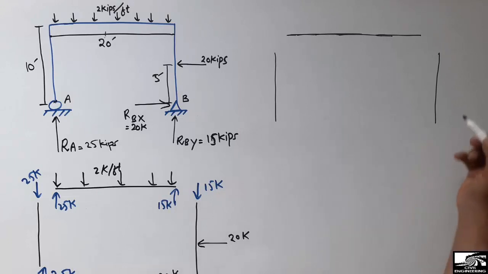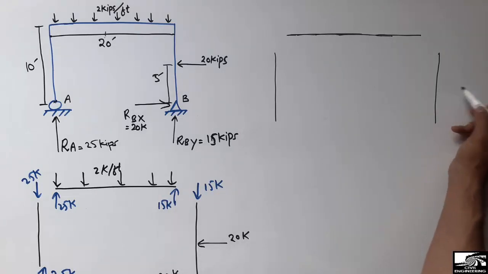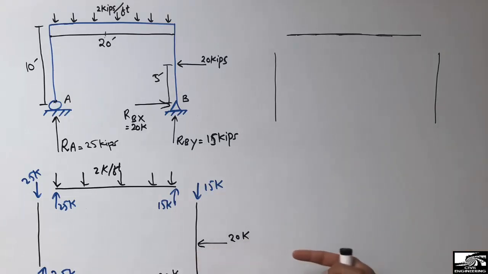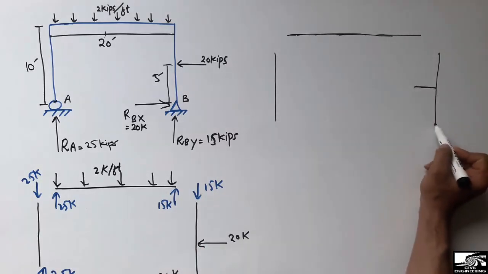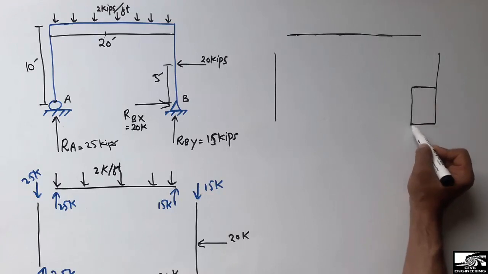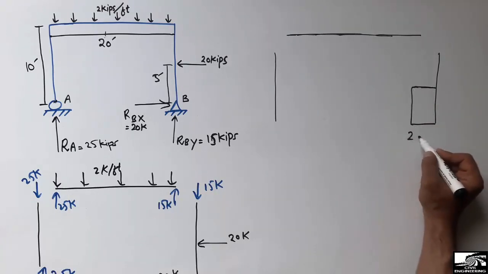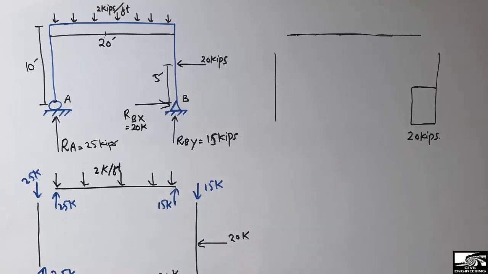Now the 20 kips force is acting in this direction, so it will produce shear in the column in this direction. Due to this force, it will create shear in the column, and I can represent here that 20 kips is the shear.